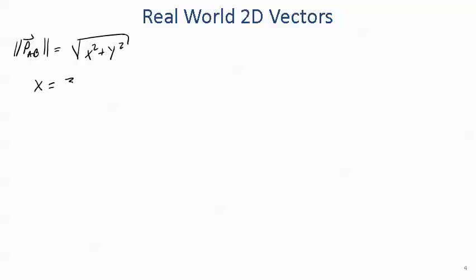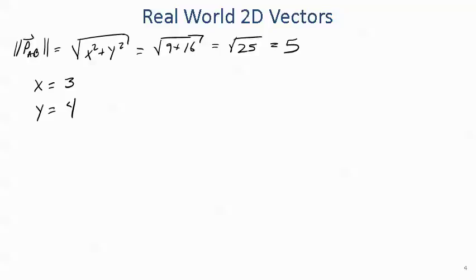We'll say x equals 3 inches, feet, meters, miles, whichever you like, but they're units of distance. And we'll say y is equal to 4 miles, feet, whatever you want. And we'll just plug this in. So 3 squared is 9 plus 4 squared is 16. And that gives us the square root of 25, which is equal to 5.